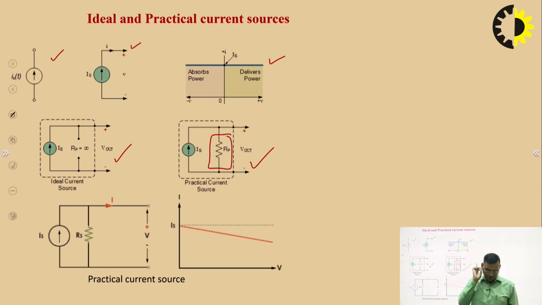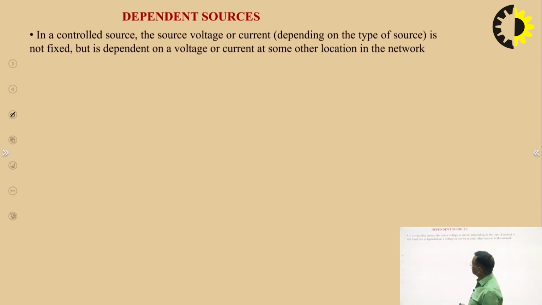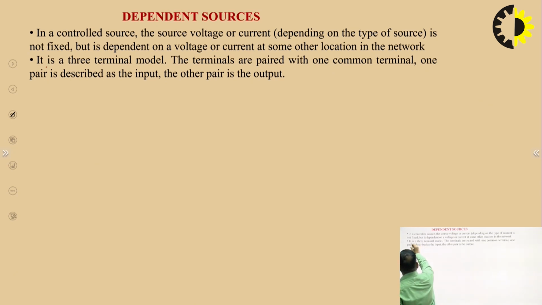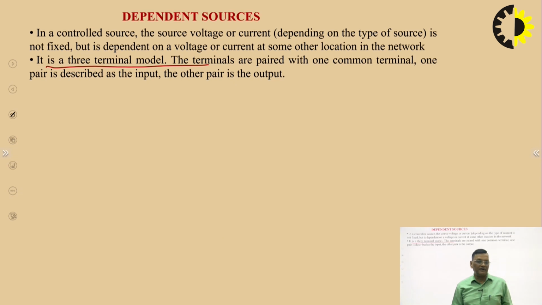independent current source. Basically independent current and voltage sources are 2 terminal devices, whereas dependent sources are 3 terminal devices. This is the difference between dependent and independent sources.